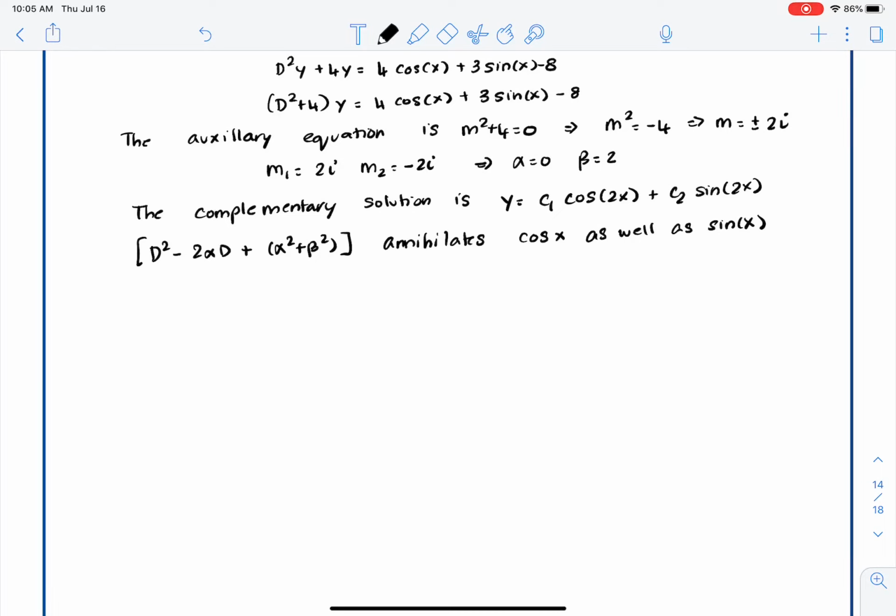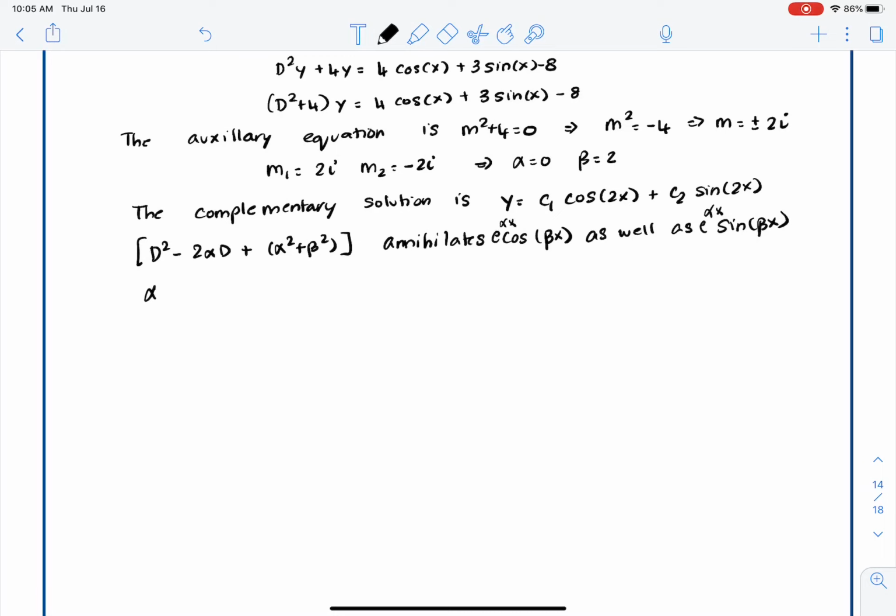But there is a constant term, minus 8. We've got to get rid of that too. Sorry, this should be cosine beta x, sine beta x, e raised alpha x.